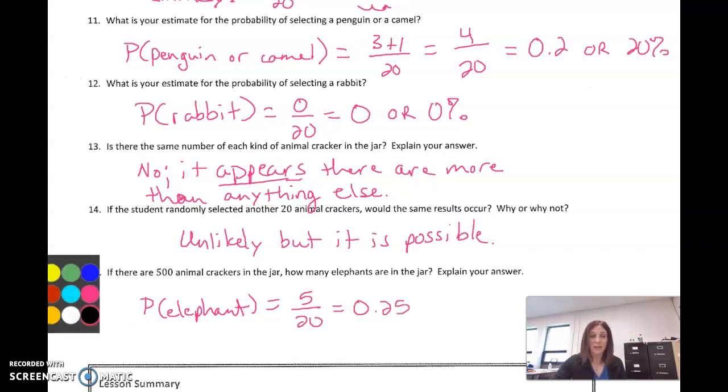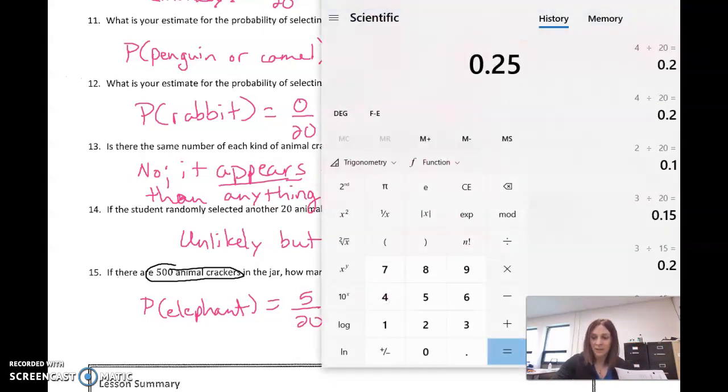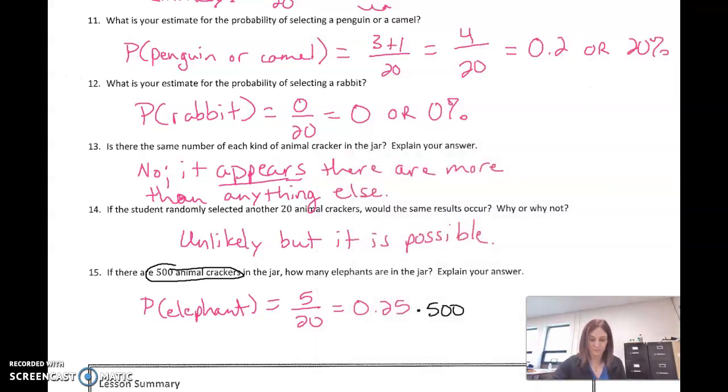So what you do then, kind of like before, is if this is our total when we were doing percents, you change a percent to a decimal and then multiply it by the total. If you go 0.25 times 500, you get 125. So there's 25% of 500. That equals 125 elephants.